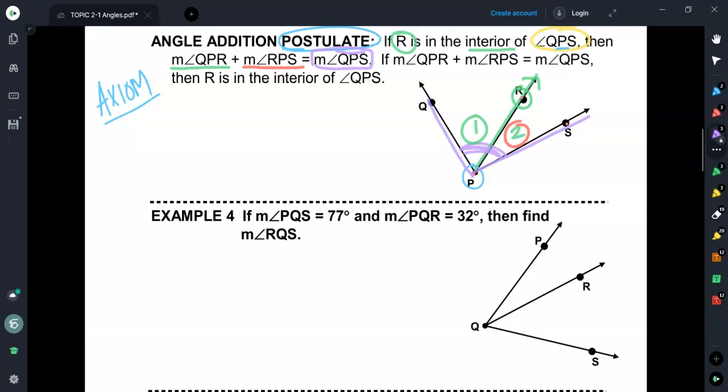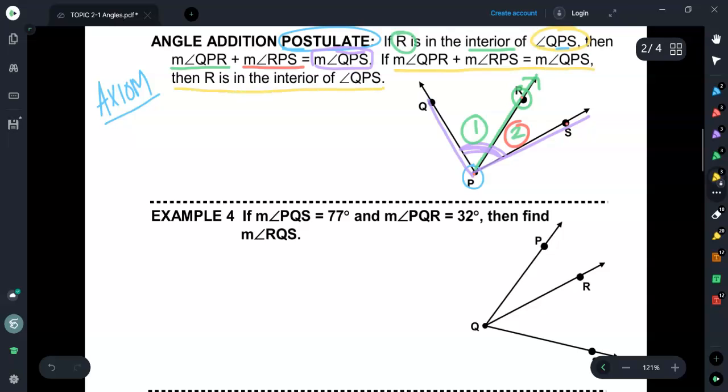The other part of this, this other statement that you see here at the end, just so we don't leave this unaddressed, is basically saying by the converse. Remember converse? The original statement is if P then Q. The converse is if Q then P. This is saying by the converse, if you can show that these two angles add up together to give you the bigger angle, then that implies that R is in the interior.